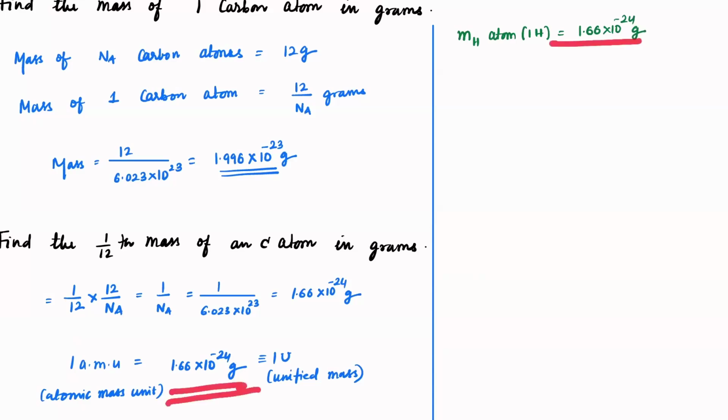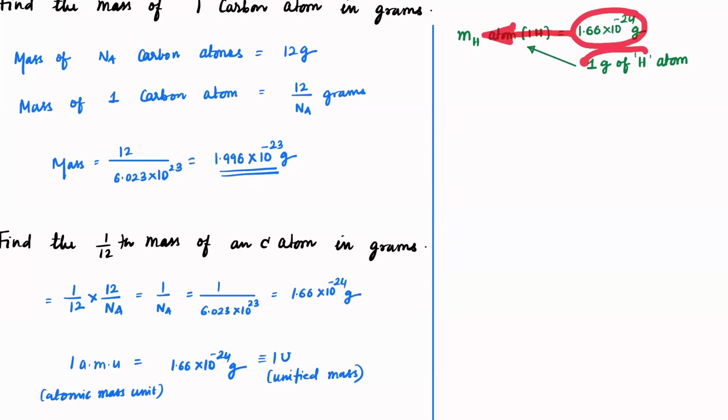So this is about one hydrogen atom here. What if I take 1 gram of hydrogen atom? Just using the unitary method: for this much grams, there is one hydrogen atom. For 1 gram, how many hydrogen atoms will be present?